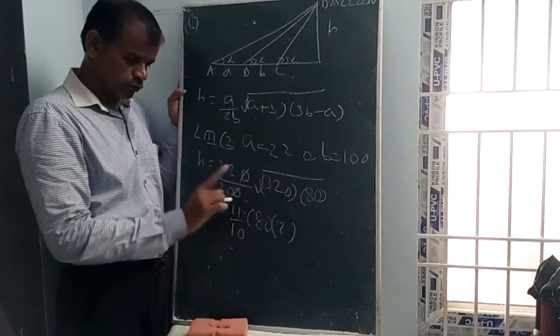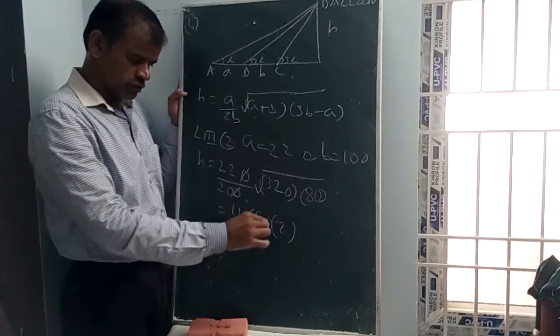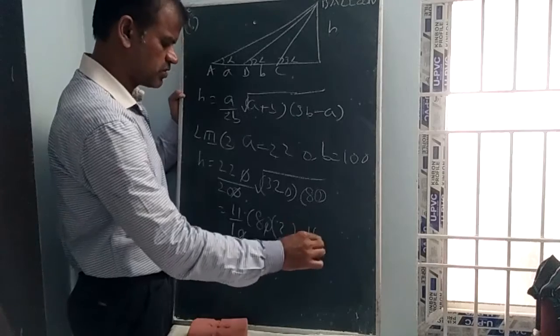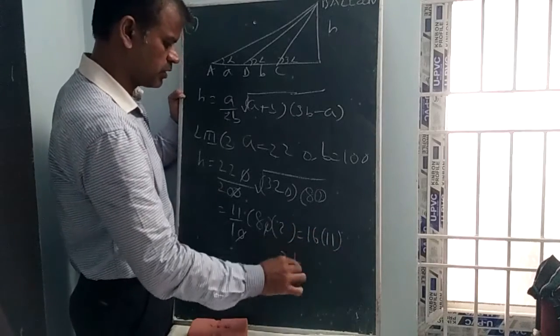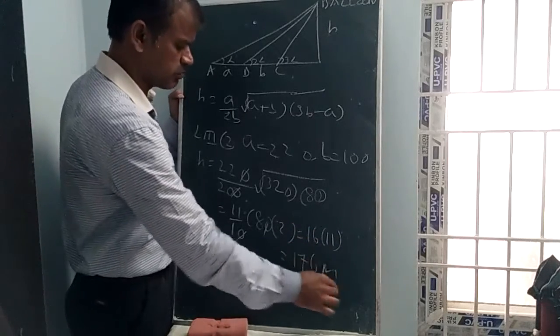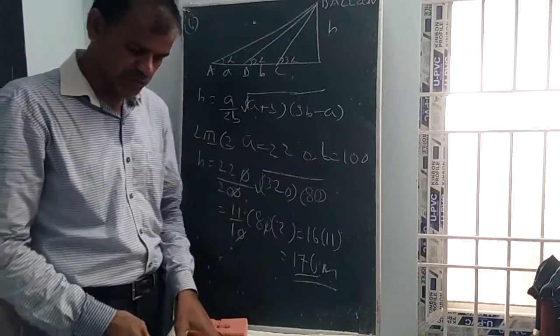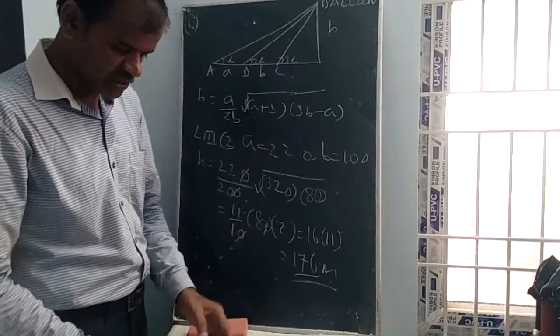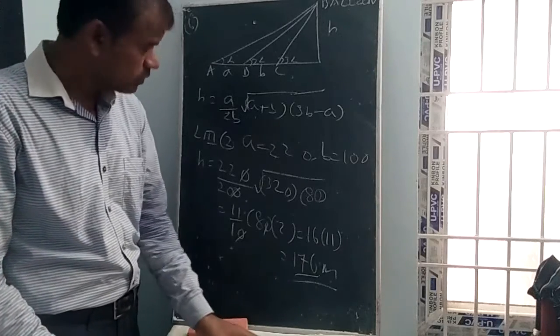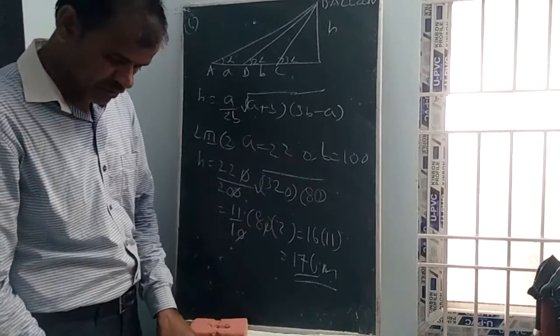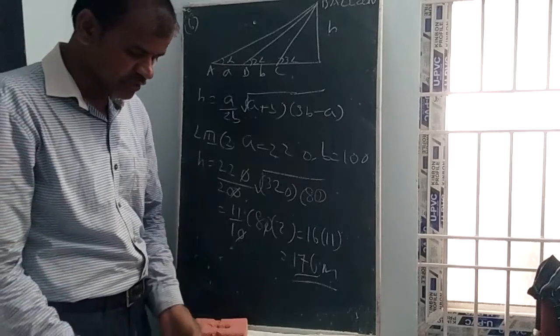Root 4 is 2. So this 0 gets cancelled. 2 8s are 16. 16 into 11 is equal to 176 meters. Once in AIEEE 2013 or 12 this question was given. 176. Now formula number 6 we have discussed, page number 179.